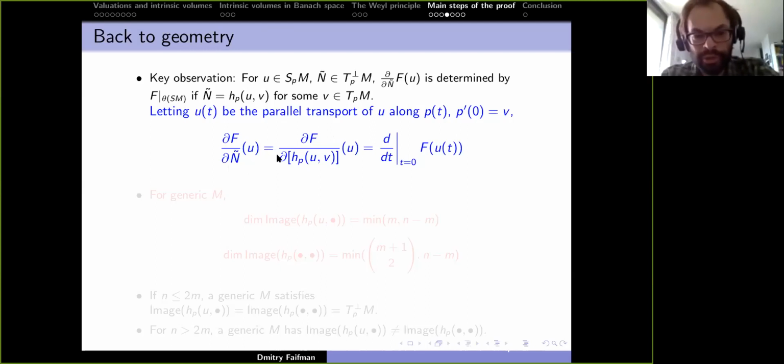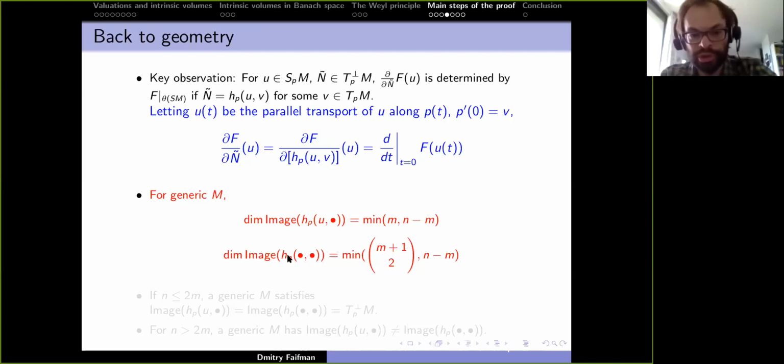Okay, but there is a fine point. You need one of those vectors to be the point you're interested in. And it's not the same as just the whole second fundamental form. If you look at the image of the second fundamental form at the point, then generically it's a rather large subspace of all normal vectors.